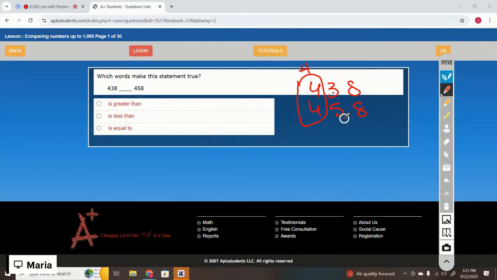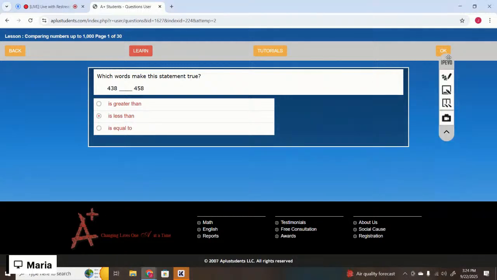And 3 and 5: 3 is less than 5. So 438 is less than 458.